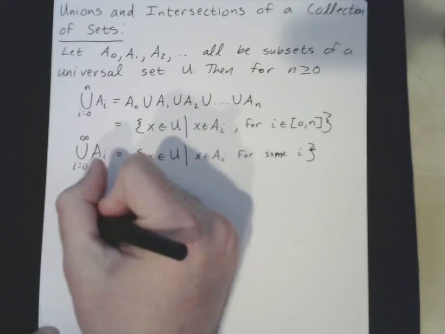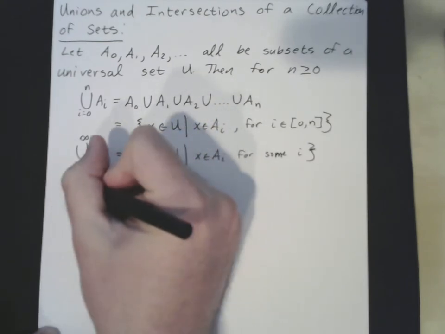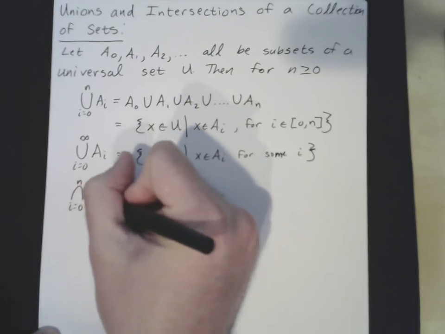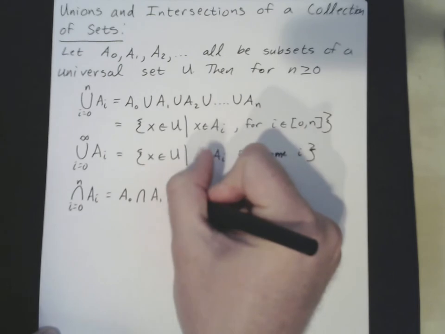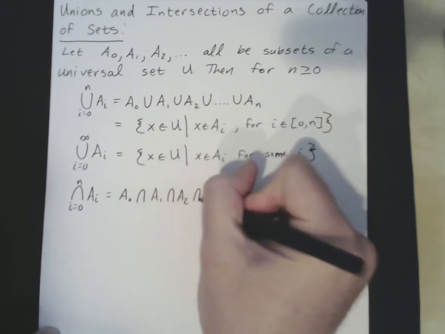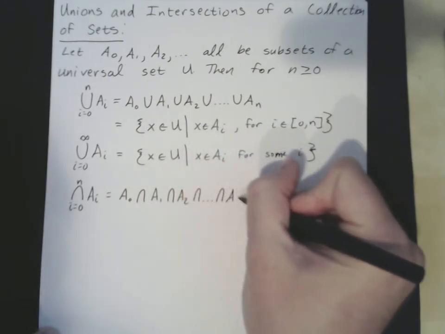So we can do similar things with intersections. So from I equals 0 to n of A sub I, this is A naught, intersect A1, intersect A2, intersect dot dot dot, all the way down to AN.